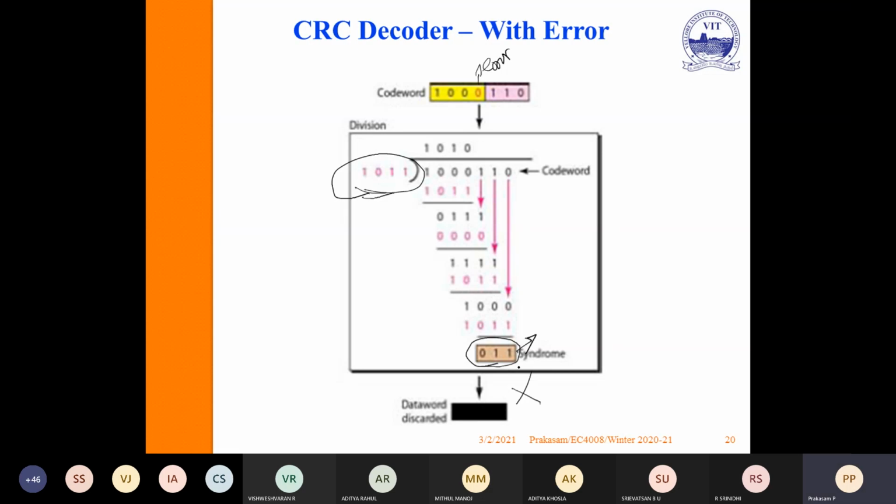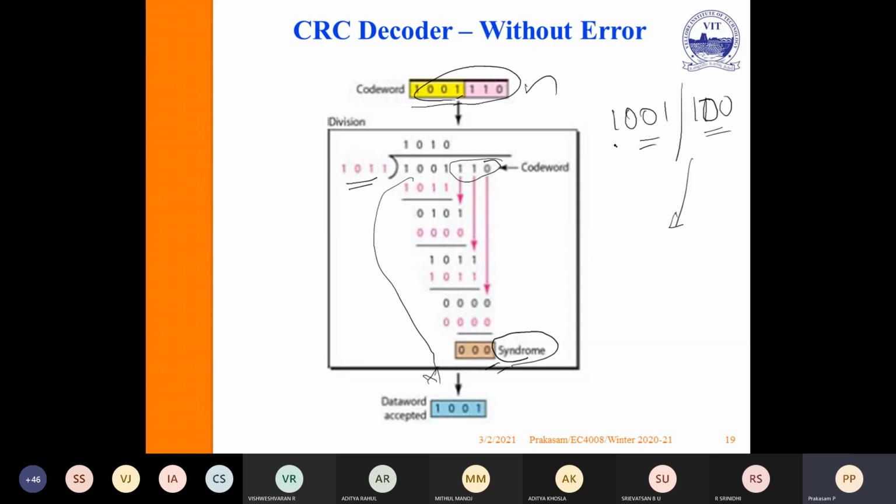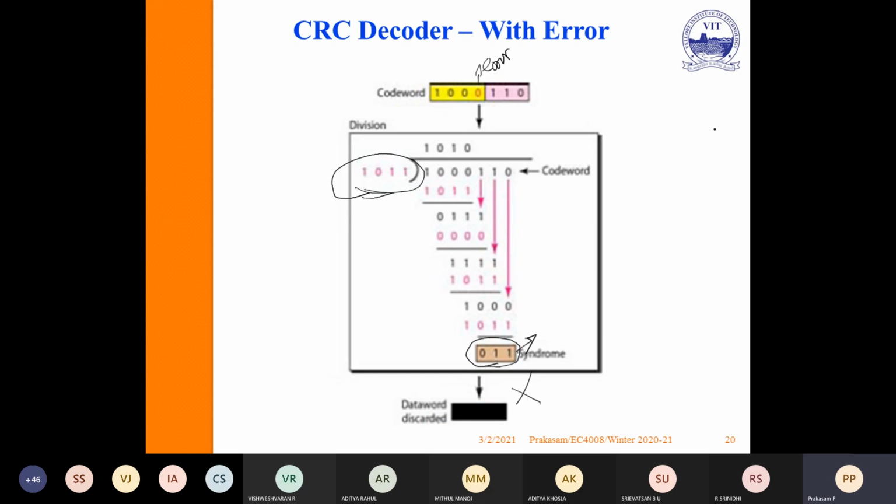So we are going to discard the data, but actually we do not have any error in the data, only in the CRC. So this is the drawback of CRC. The drawback of the parity check is that if more than 1 bit is in error, it is very tough to detect. In CRC, if an error happens in the CRC value, we may lose the correct data at the receiver. So next we go to the third method.